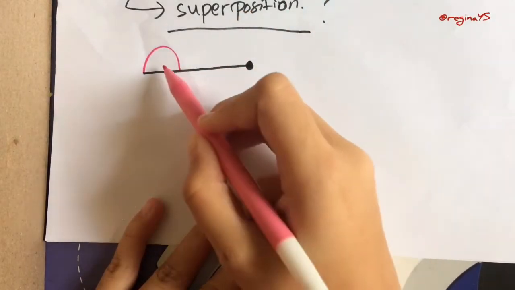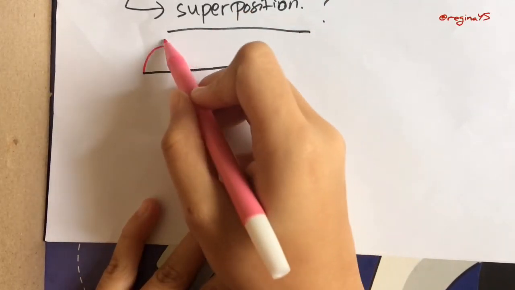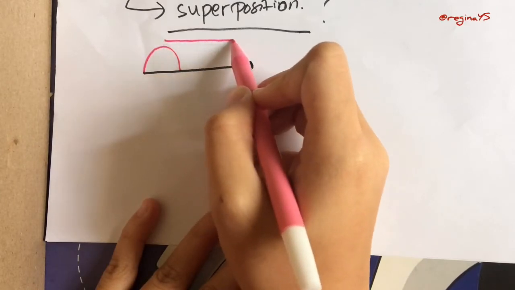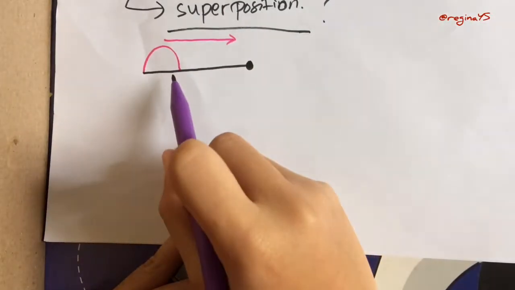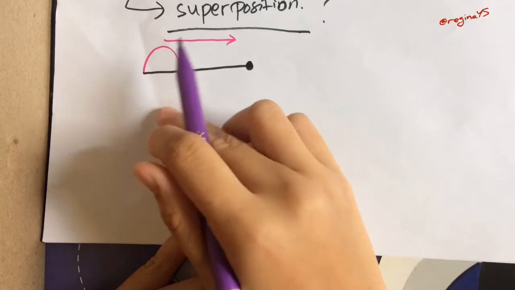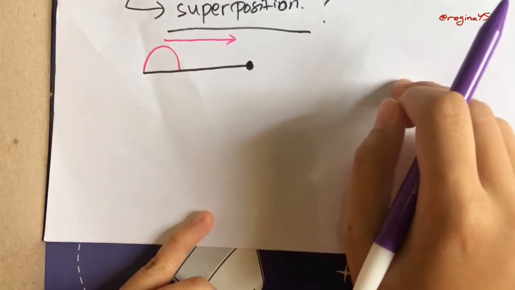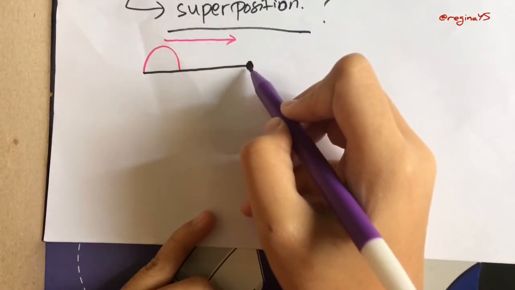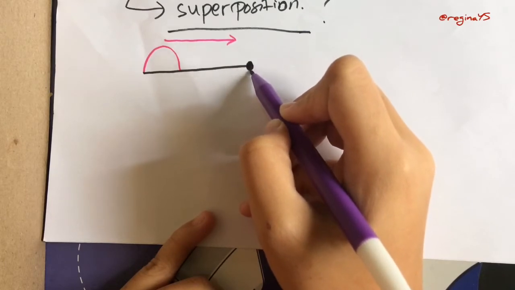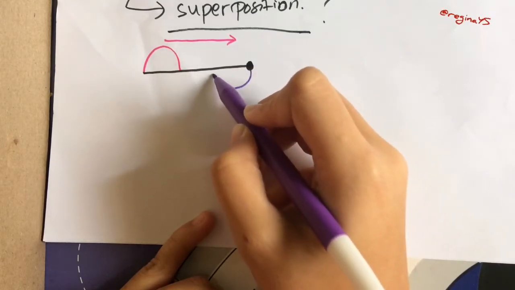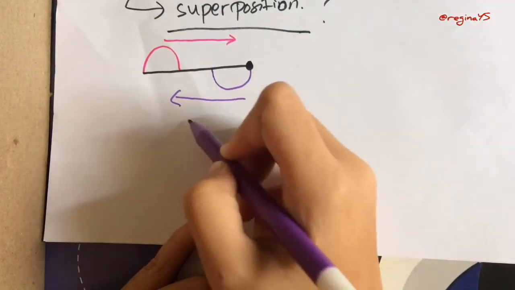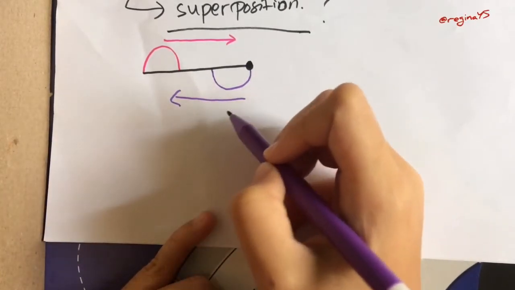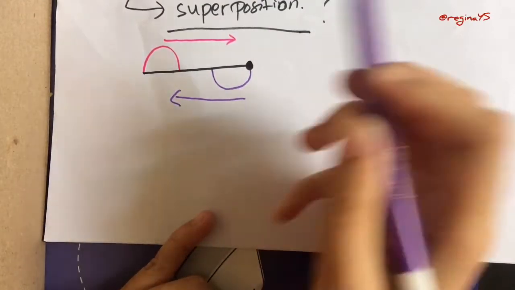This pulse or disturbance will go all the way along the string and reach the boundary. When it meets the boundary, the disturbance will not go straight ahead, but will reflect upside down, just like this. And it will travel back in the opposite direction. In this situation, it will go on and keep bouncing.